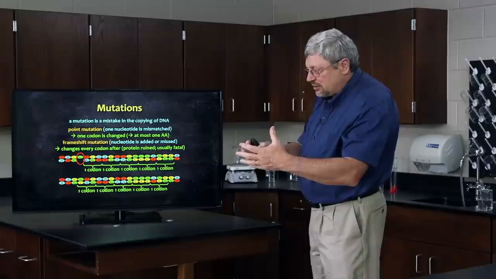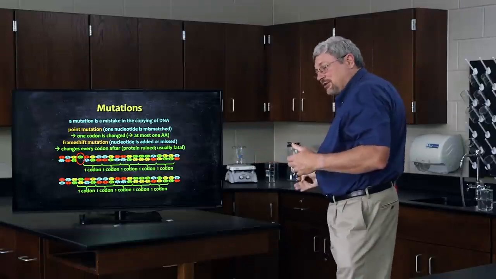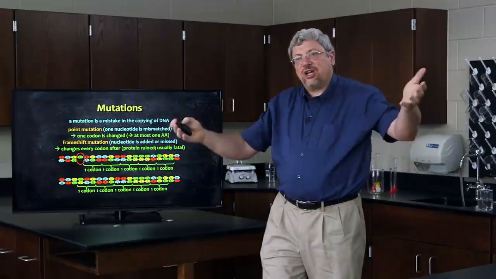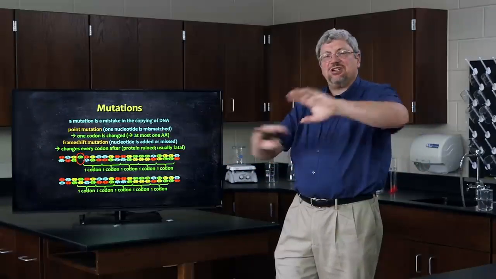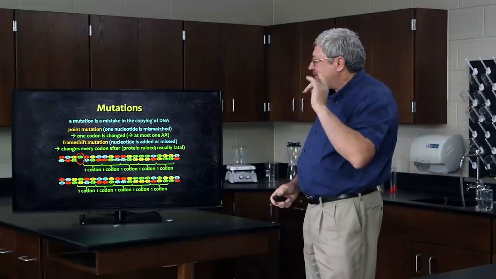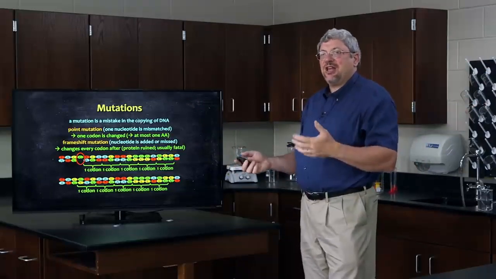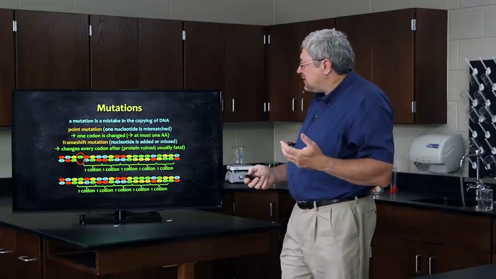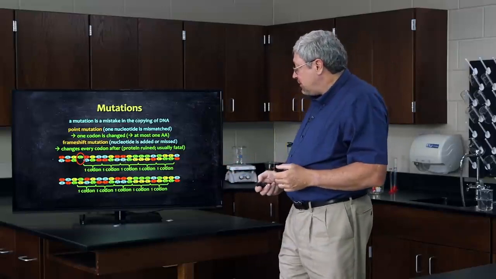It actually shifts over the reading frame and changes every single codon from there on out, which means it'll change every single amino acid in a protein and make the protein completely useless. So a frame shift mutation is a very serious change in a protein sequence. It usually is completely destructive of the protein, and many times it will in fact kill the organism.